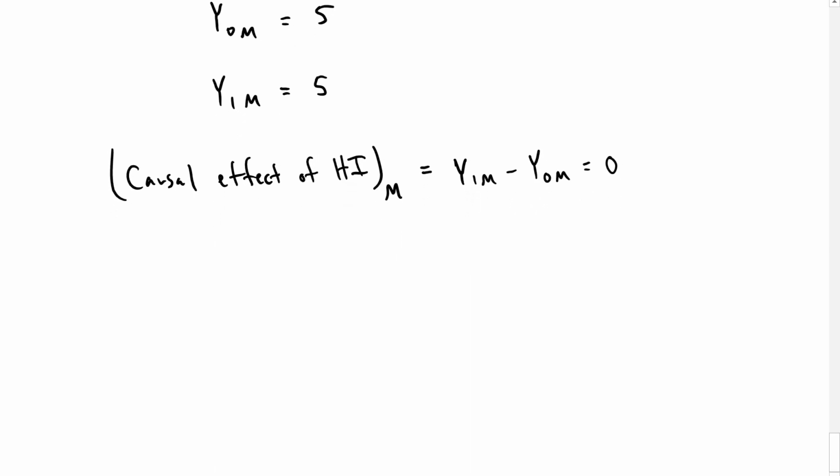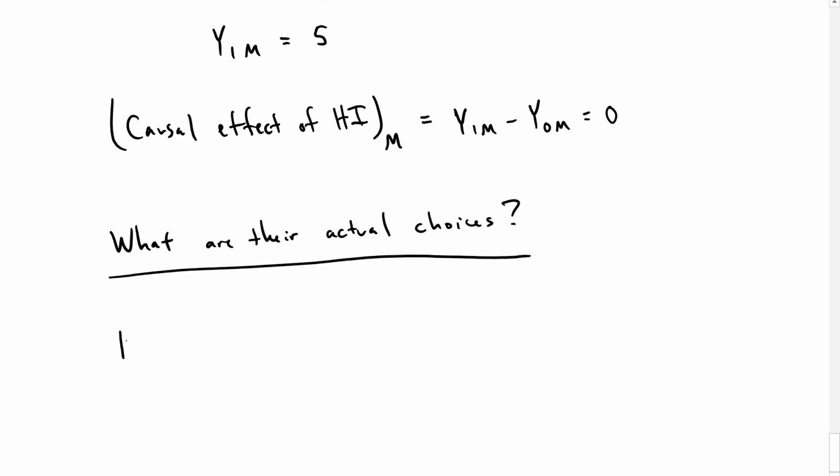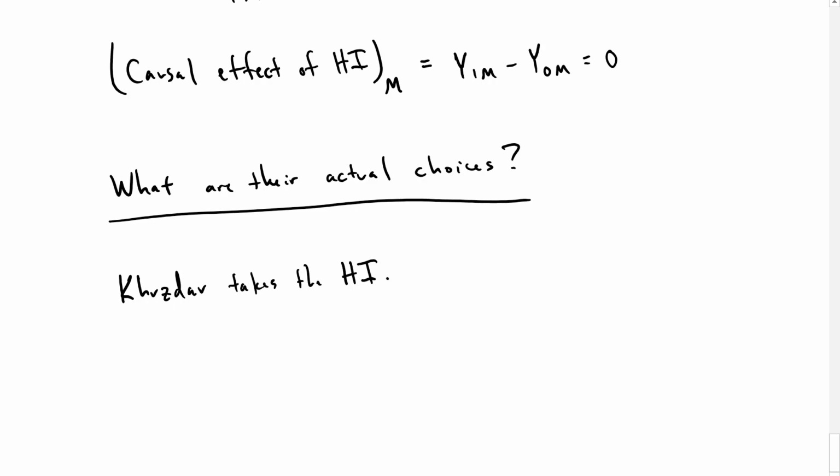Okay, so let's look at their actual choices. What are their actual choices? So Kuzdar, he benefits. He's going to take the health insurance. So YK, which is all we really observe, is YK with insurance.